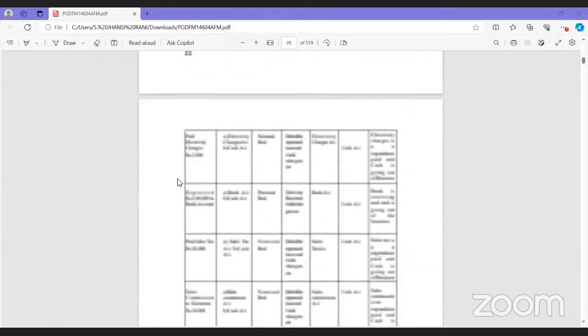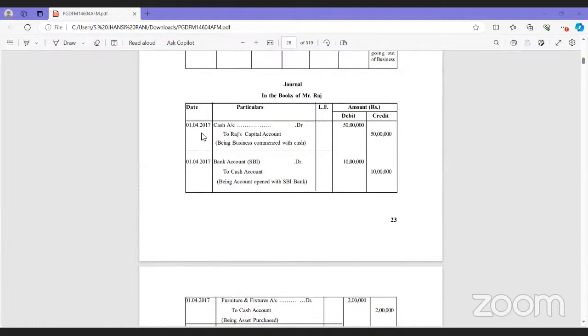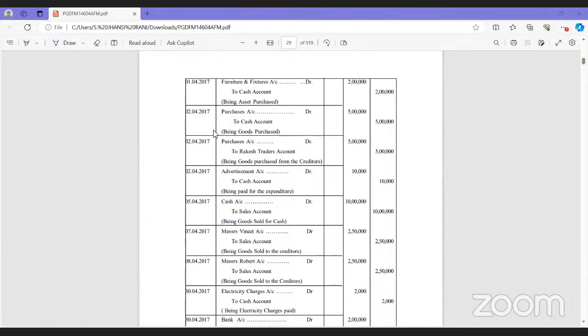So like this, we go on writing all the journal entries. What I insist is this is how we write. You can just look here. I think the screen is visible to you all. This is how we write. Whatever I've written is this only.